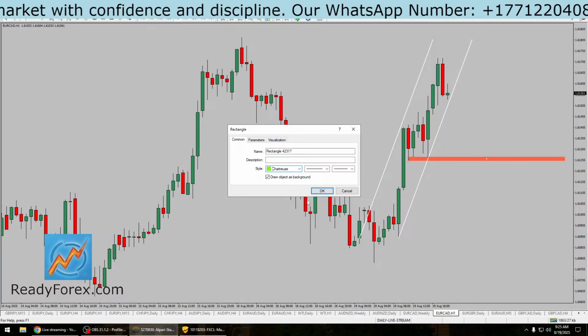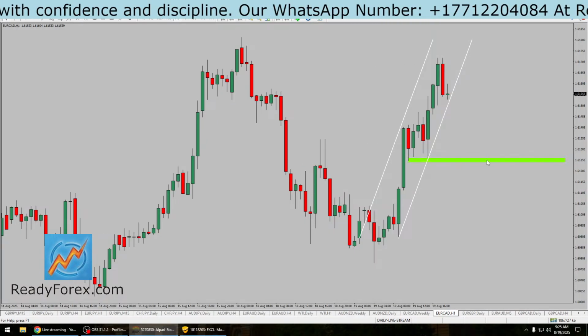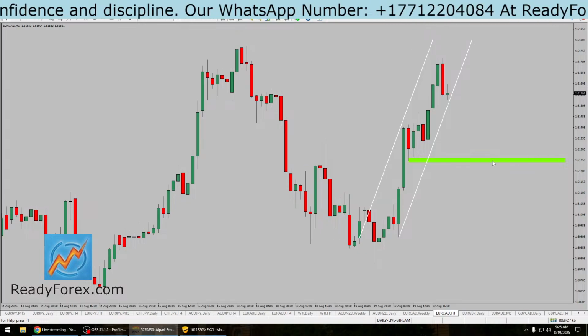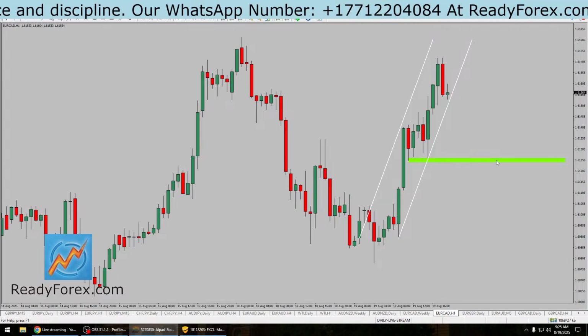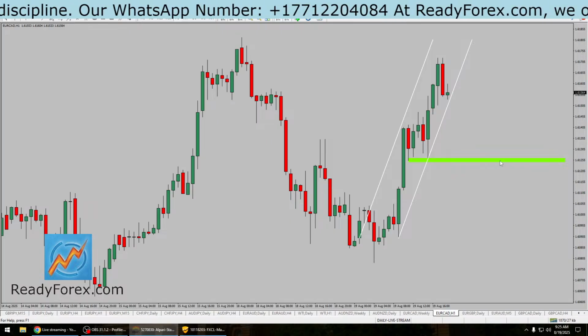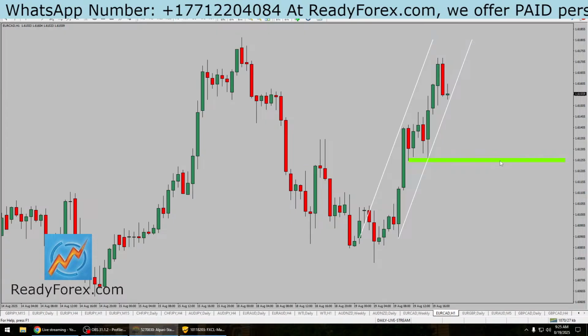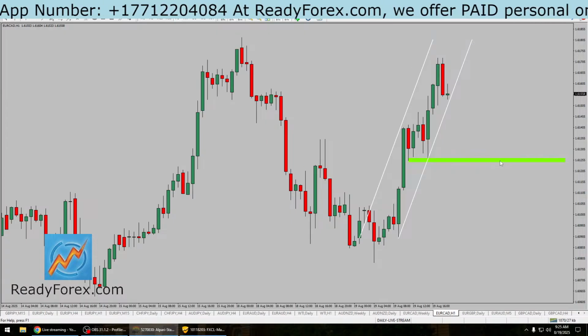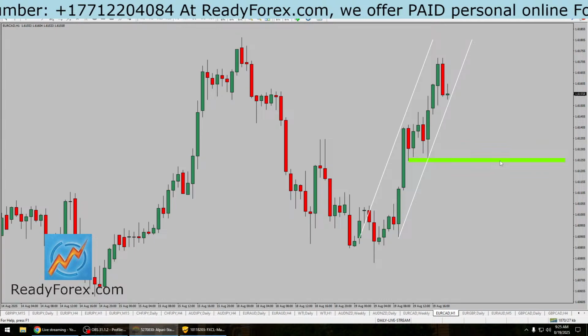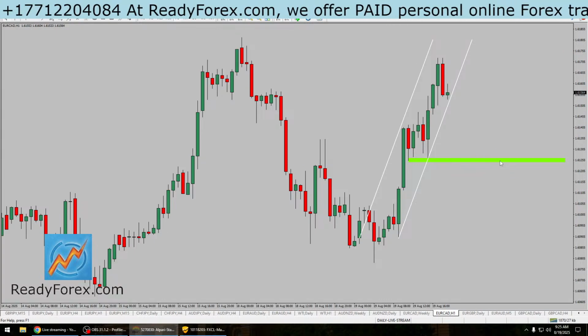So if price action is going to break below this green color highlighted area, then I think it's a good idea to look for potential sell trade setups. Otherwise, let it go. There's no need to take a sell over here, no need to jump into the market.